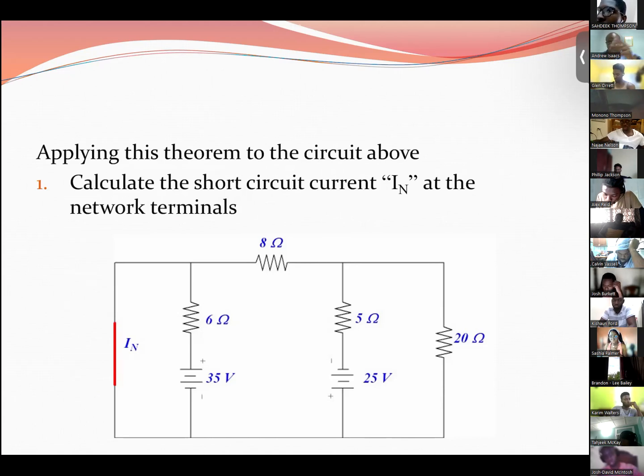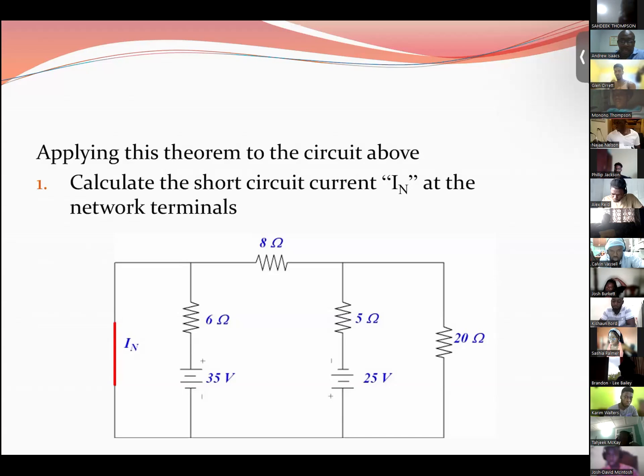So the first step, whereas we open circuited the path with the 24 ohm resistor, in this instance, we're going to short circuit the terminals because we're finding I Norton, and I Norton is the short circuit current. So we have the 24 ohm resistor, we replace it with a short circuit. So go ahead, redraw with the short circuit.